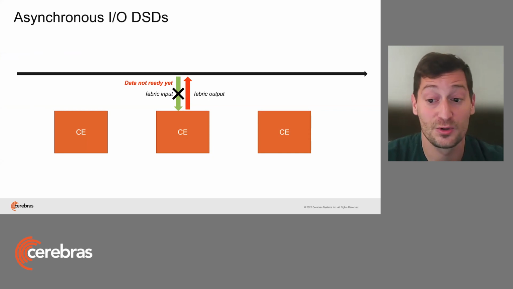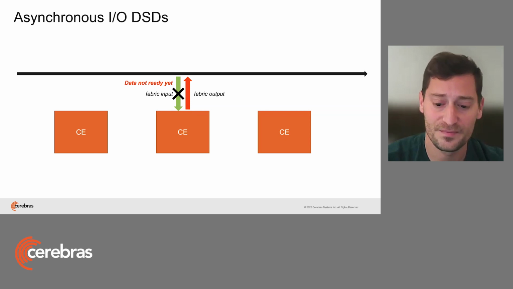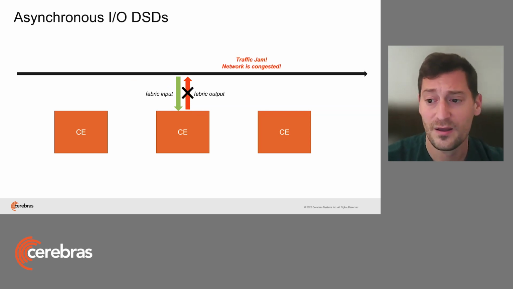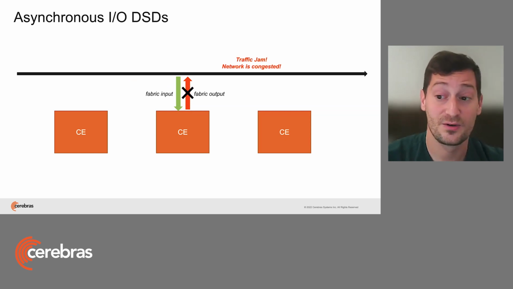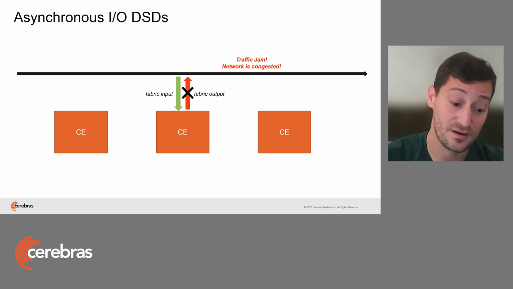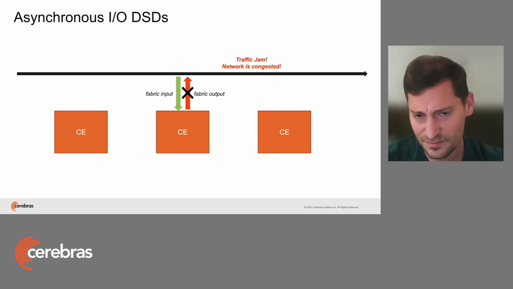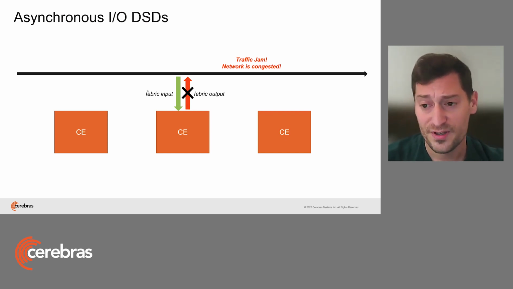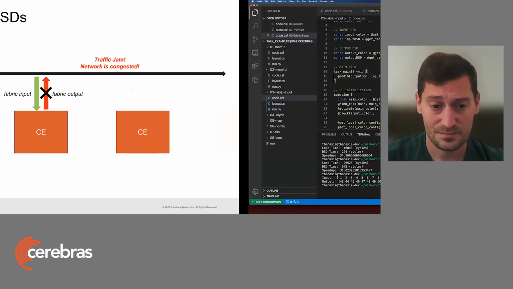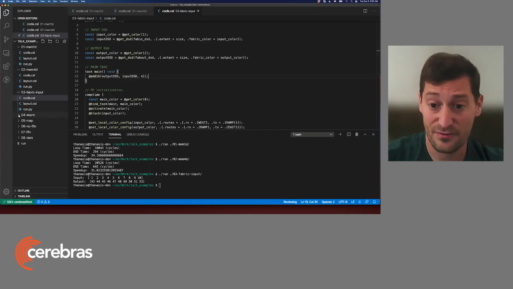Maybe the data are not ready yet for a compute element to receive them, or the network might be congested. There could be a traffic jam, which would not allow the CE to send the data out. So to solve this problem, I'll show you another example of how we can actually solve this problem.